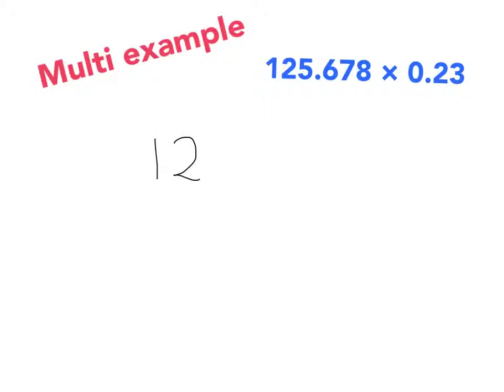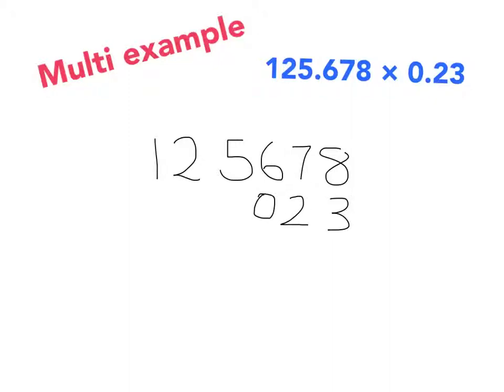So 1, 2, 5, 6, 7, 8, making sure I'm putting place values under place values in terms of the amount of digits I have. I've translated 125.678 into 125678. I've ignored the decimal places and I've put place values under place values in terms of how they would be written if they were a whole number.